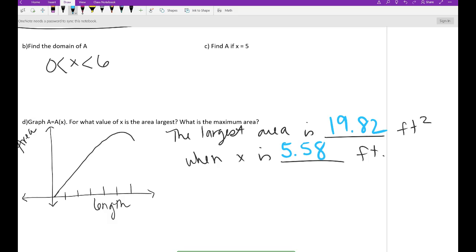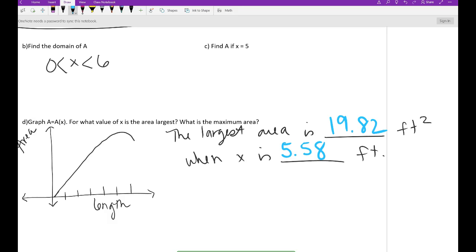Now look at C. We haven't done C yet. You already have everything you need on that graph. Keep the graph on. Is it possible to find the area when the length is 5 feet? What do we do? Just on the graph. I don't want you to do anything else besides just using the graph. Yeah, hit second trace. Can you find a word that says value?